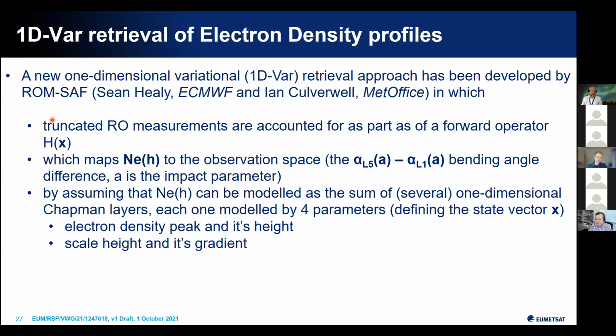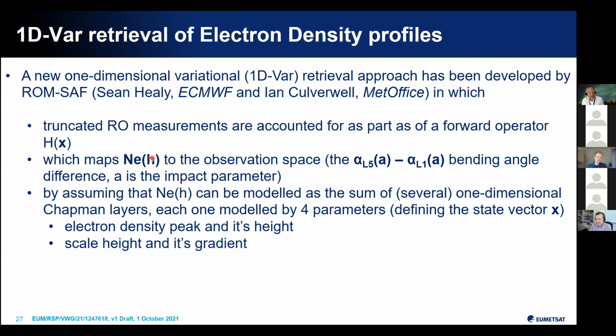In this approach, the truncated radio occultation measurements up to 500 kilometers are accounted as part of the forward operator H, which maps the electron density profile to a particular observation space, like what Sean told before. The observation space for the ionosphere is the difference between the bending angle at the two frequencies.